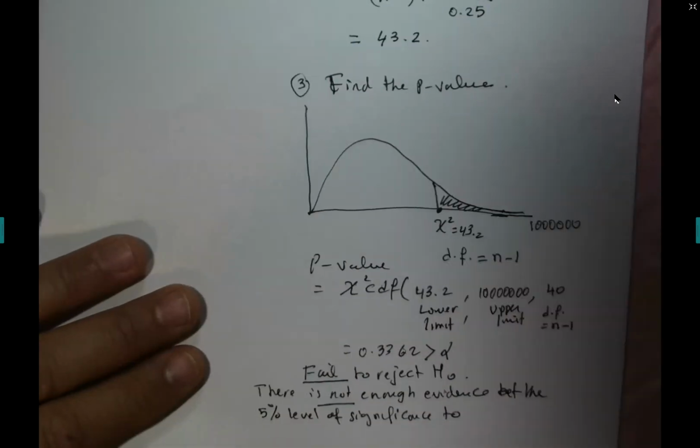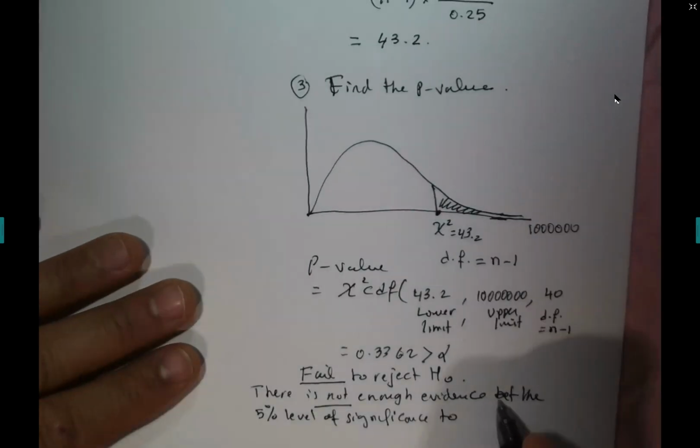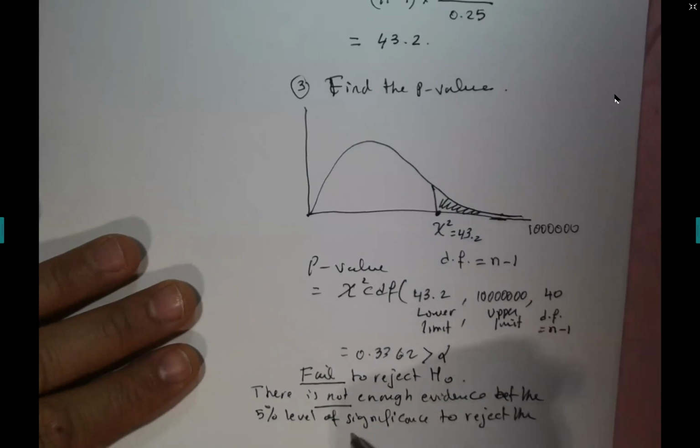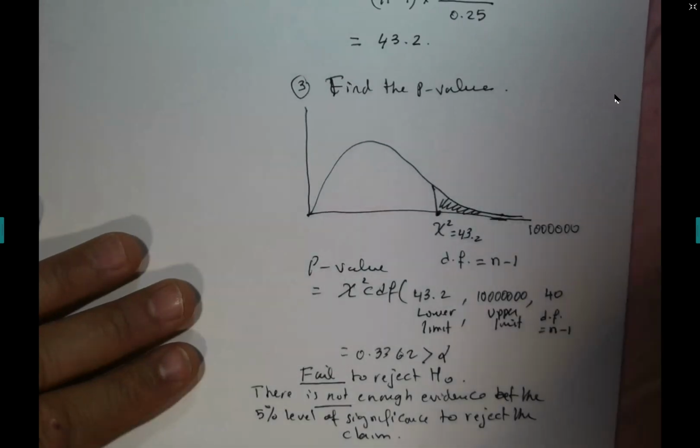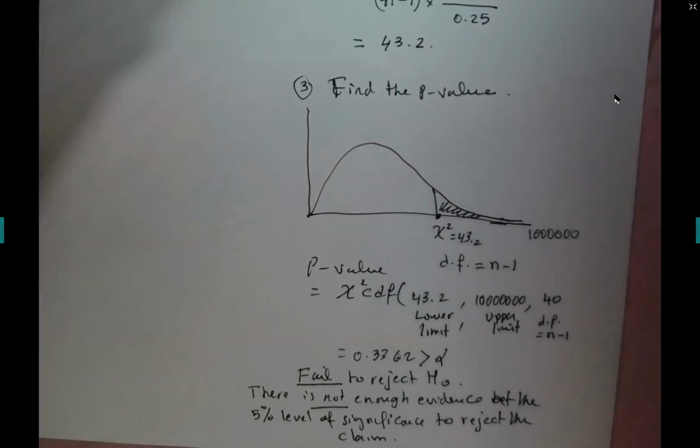The claim is in H0. Reject, yes. There is not enough evidence to reject the claim. So the claim could be true, guys. When you cannot reject the claim, it is possible that the claim is true. We're not saying it is true, but we're saying it is possible. I cannot reject it. I'm not accepting it, but I'm not rejecting it. That's the whole thing.